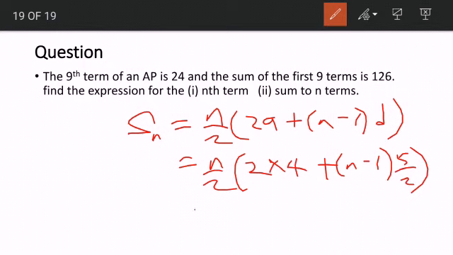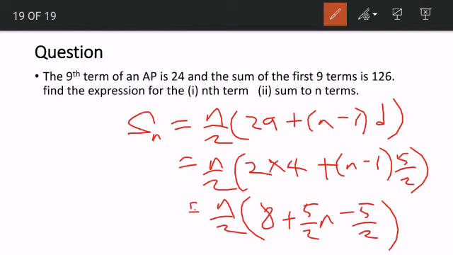Okay, so here we can now say n over 2 into 2 times 4 here is 8, plus, open the bracket, is going to give us 5 over 2 n minus 5 over 2. You see that? So that is going to give us n over 2 into 8 here minus 5 over 2. If we find the LCM or use a calculator, we are going to get 11 over 2. So we have 11 over 2 plus 5 over 2 n.